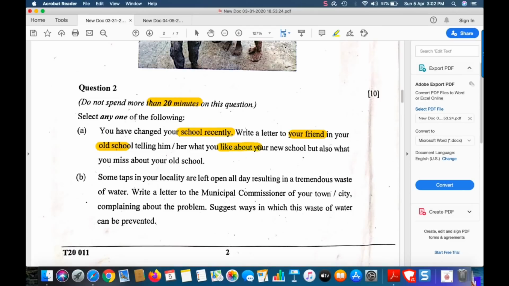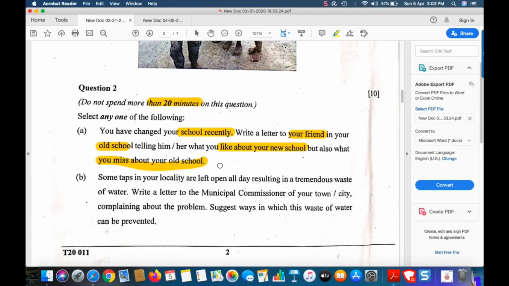So you have to tell him what you like about your new school. Now, what else? But also what you miss about your old school. So how many things you have to write? You have to write what you like about your new school and what you miss about your old school.